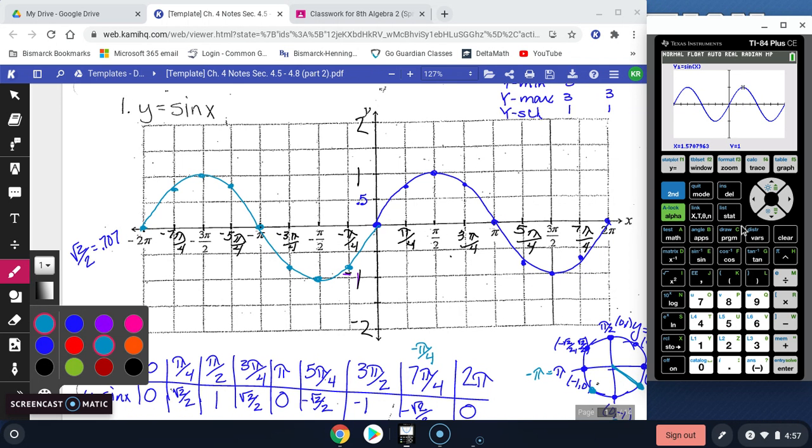Another place you could do is just pi. At pi, it's going to be back to 0. You can see the x value is about 3.14. Your calculator is changing everything to a decimal. So that is what a parent sine function looks like.